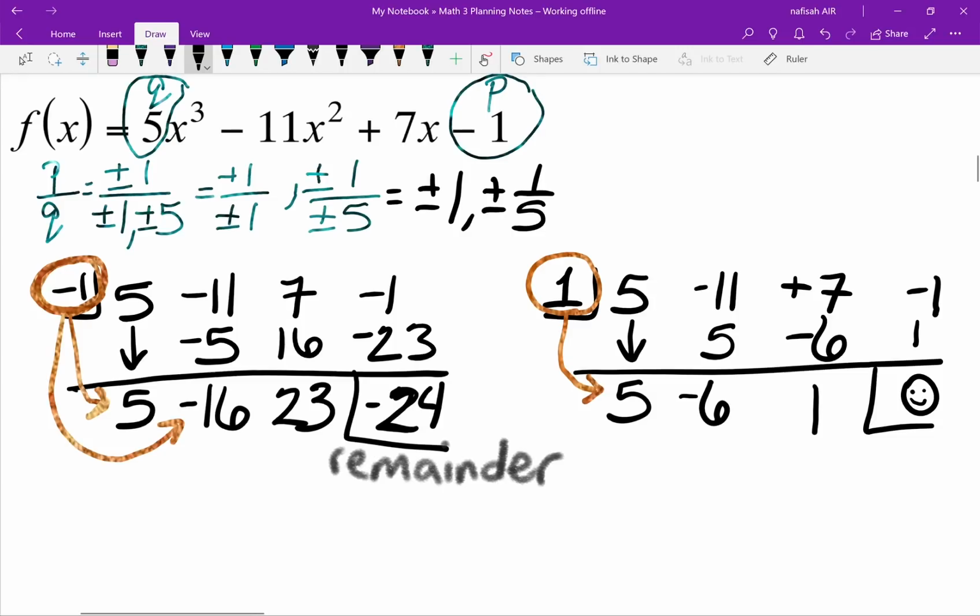If I were doing division and I had to find out what the answer was, I would say that 5x cubed minus 11x squared plus 7x minus 1 divided by x minus 1 would be 5x squared minus 6x plus 1. I would then just go and see if there's another root.